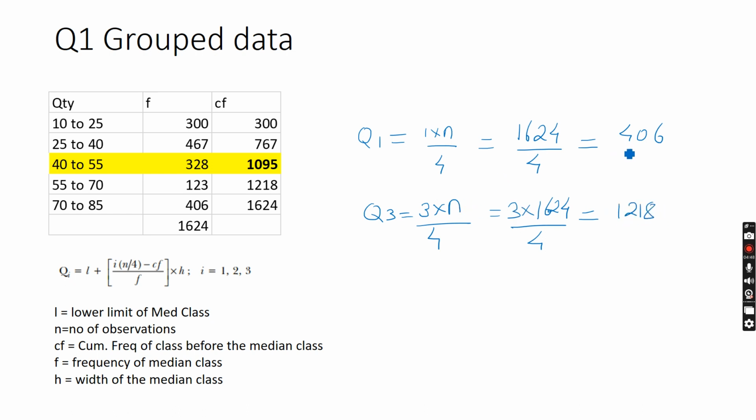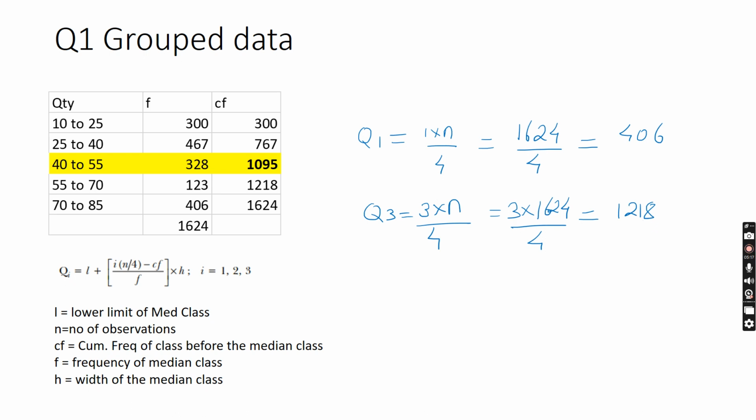In very simple words, the 406th position in the total 1624 observations divides the data, with 25% below this, and the Q3 position 1218 divides the data such that 75% of observations fall below the 1218th position.